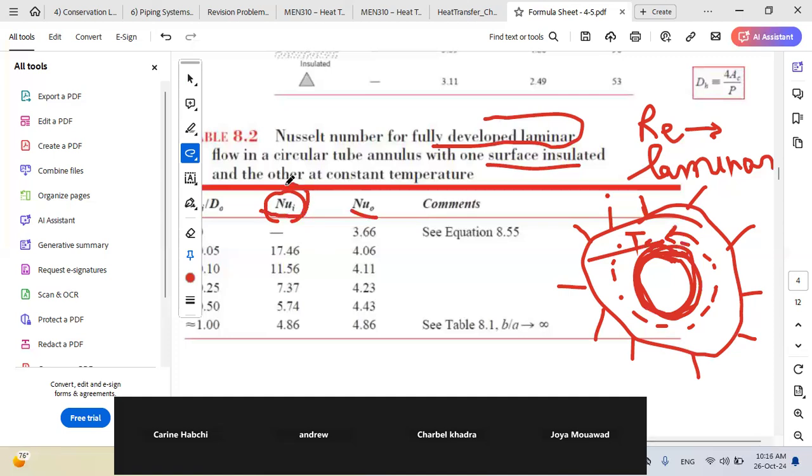But here, you are interested in convection with the circular tube, so you need to determine the Nusselt number from the inner side. To get Nusselt from the inner side, all you have to do is find D_i over D_o. In this problem, D_i is the diameter of the inner tube, and D_o is the diameter of the outer tube.